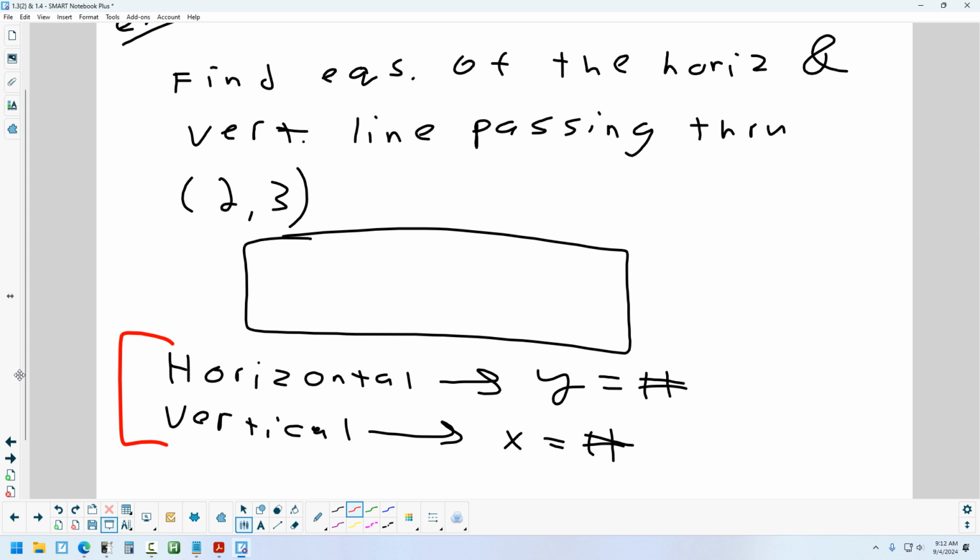Yep, y equals 3. And what would be the equation of the vertical line that goes through the point 2, 3? Yep, x equals 2. Okay, it's a little bit of a special case. It's not y equals mx plus b. But the special cases do come up. Okay. Any questions on that?